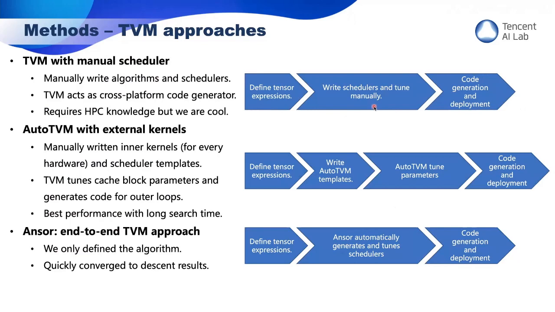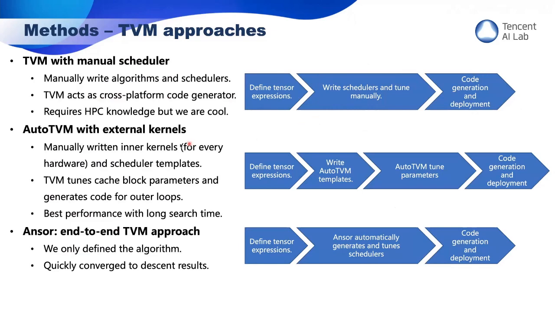With this approach, TVM is more like a cross-platform code generator. If we want to write an efficient scheduler, it requires high HPC knowledge, but we are cool about it. We have a very strong HPC background.